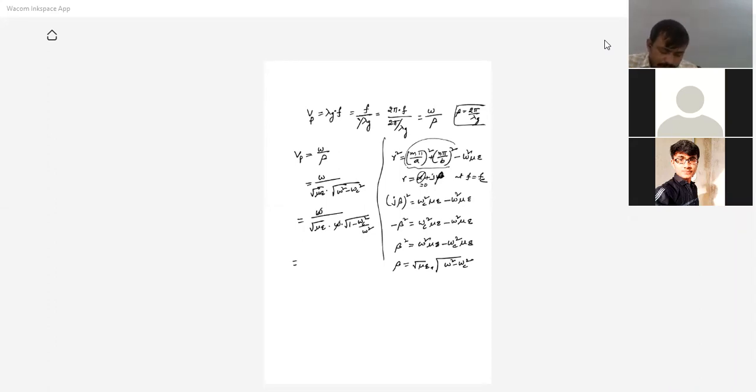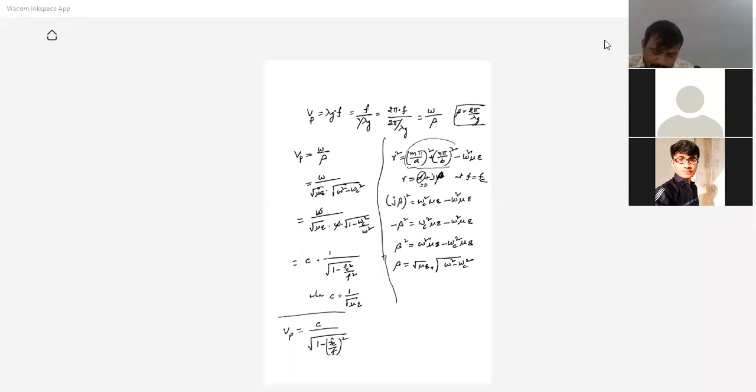So what is c? c is nothing but 1 by root mu epsilon, and then root of 1 minus fc square by f square. So finally Vp is equal to c by root of 1 minus (fc by f) whole square.